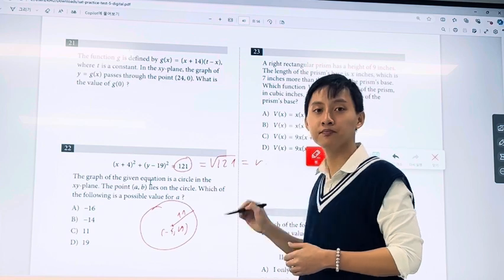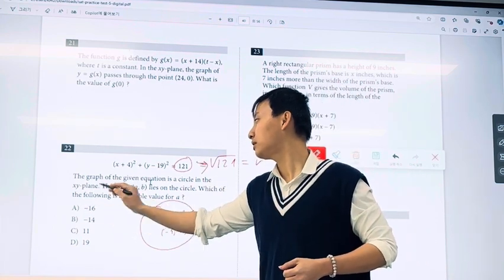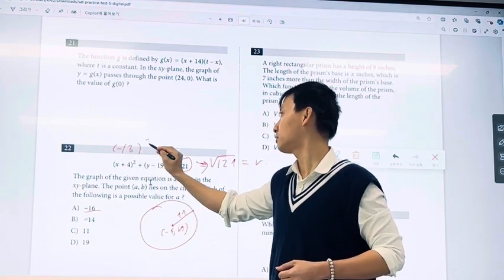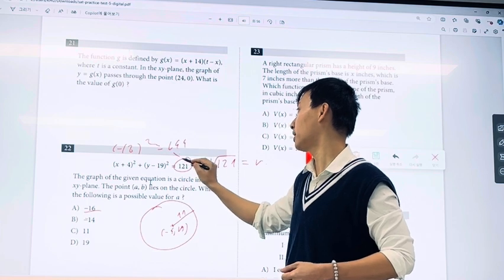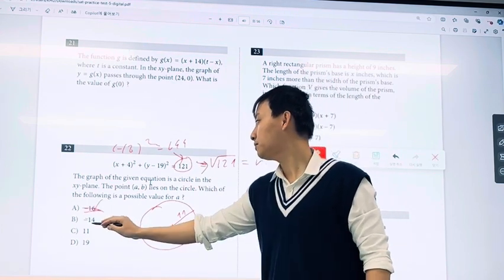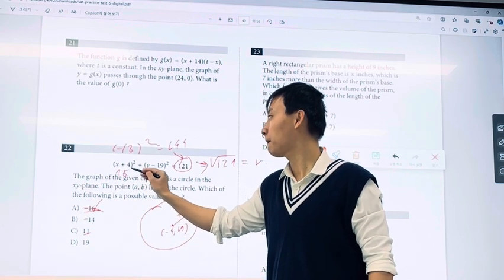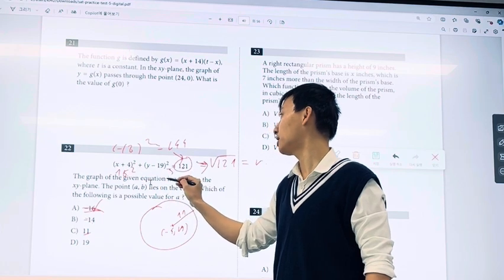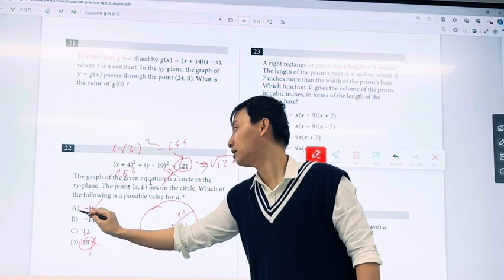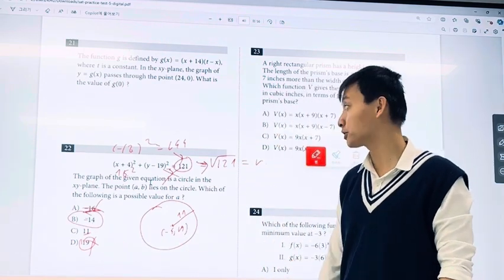It should be negative 16 plus 4, so 12 squared or 144, which is greater than 121. We reject negative 11. You substitute into this equation, it's going to be 15 squared, which is also greater than, similar to 19. So the only correct answer is B, negative 14.